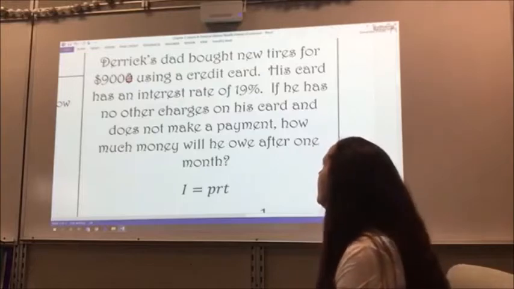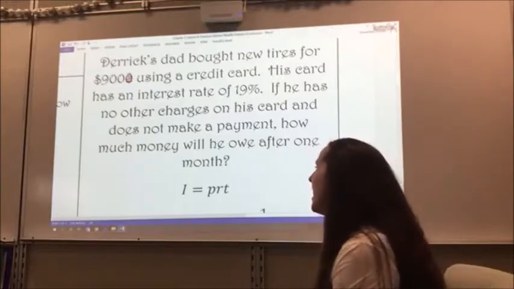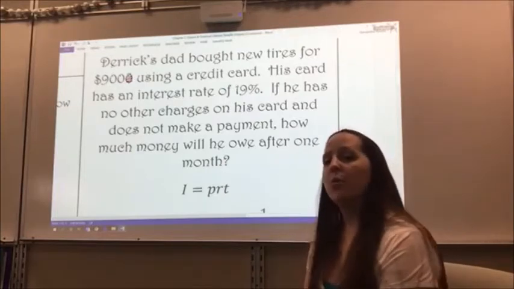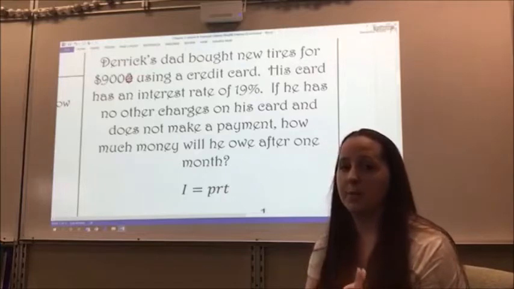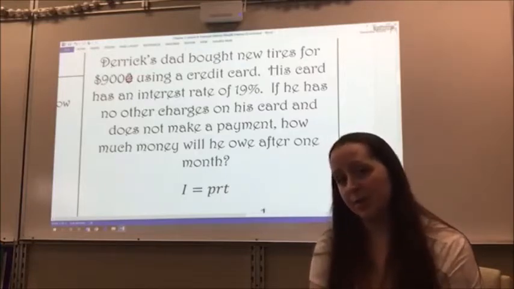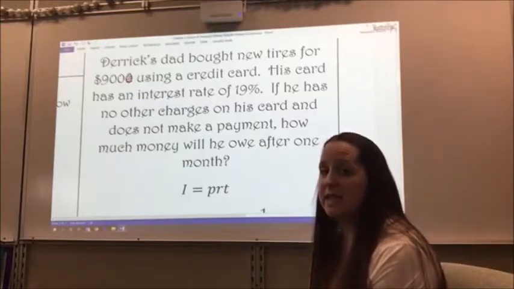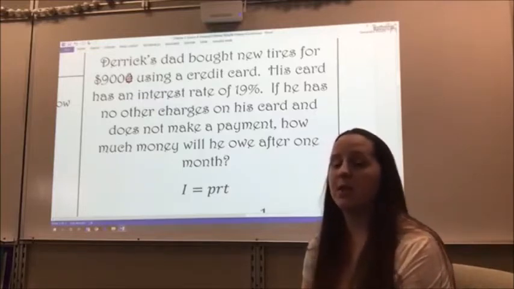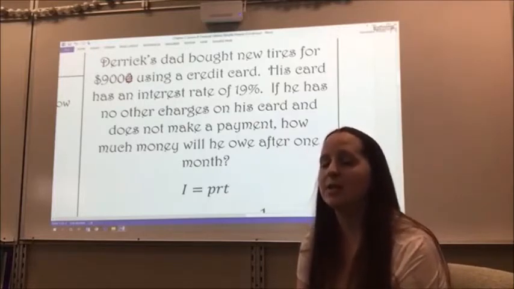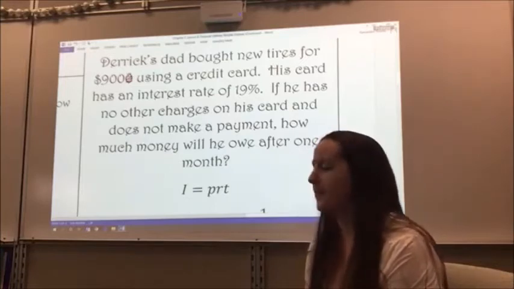Okay. If he has no other charges on his card and does not make a payment, how much money will he owe after 1 month? So we first need to figure out, we have the principal, $900. Our interest rate is 19%, which we're going to change to a decimal. And our time, T, is 1 month. Remember, we said months don't work with interest rates. We need to do it in years. So there are 12 months in a year, so 1 over 12 would be our time.